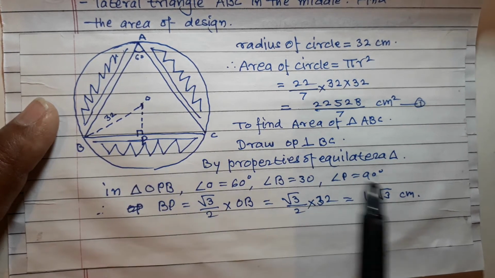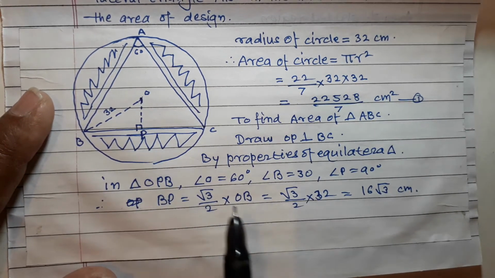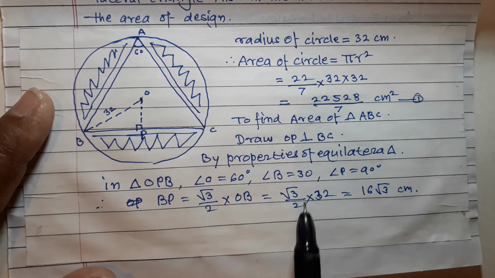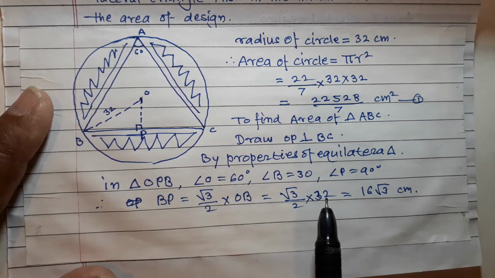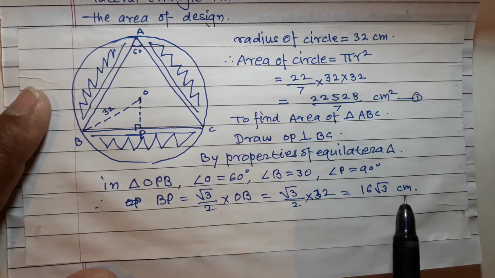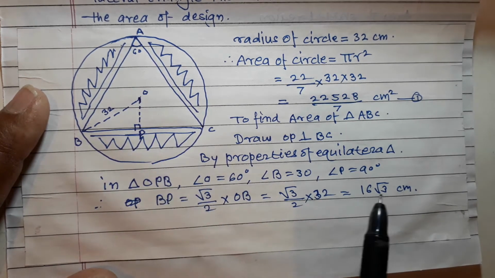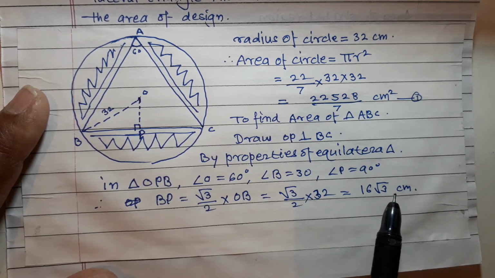Angle P is equal to 90 degrees. And therefore BP is equal to root 3 upon 2 OB. So root 3 upon 2 into 32 gives you 16 root 3 centimeter. So BP is equal to 16 root 3 centimeter.